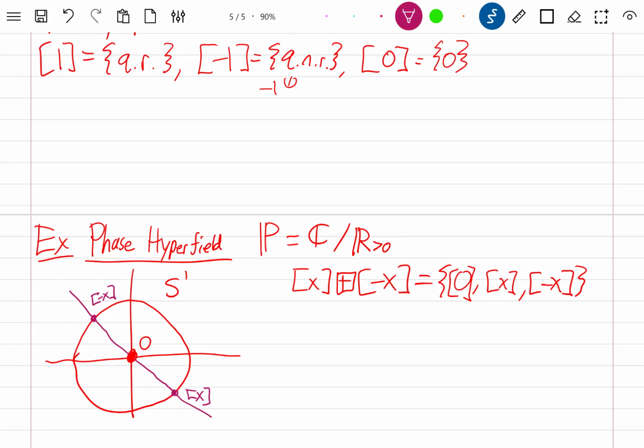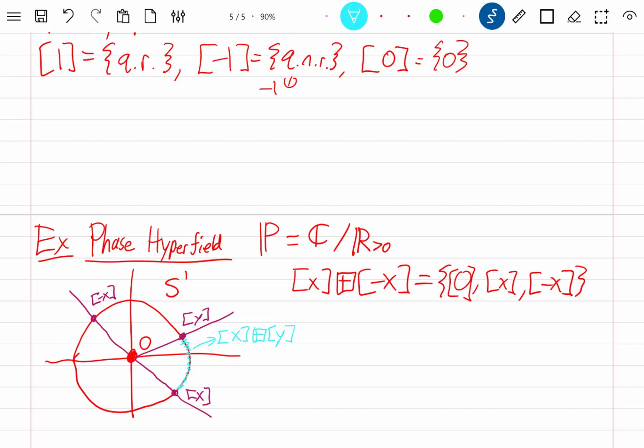And how addition works for angles is if I have, say, this here is y, then if you think about what x plus y is, it should just be all the angles in between. So this should be x plus y. It's all the angles in between.